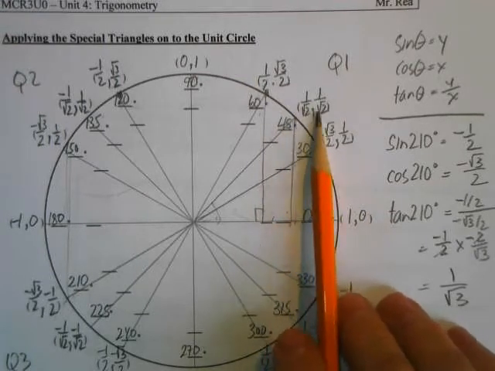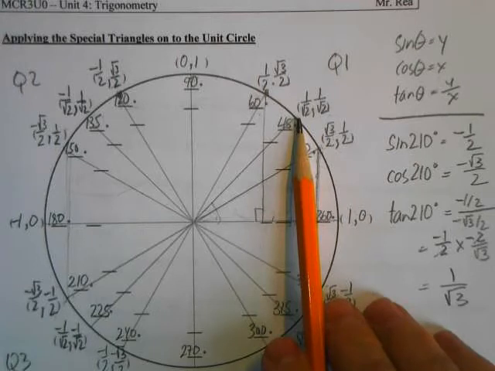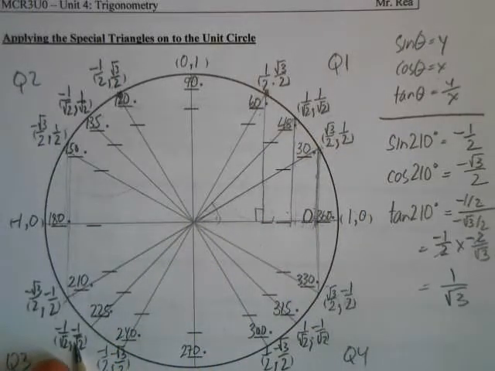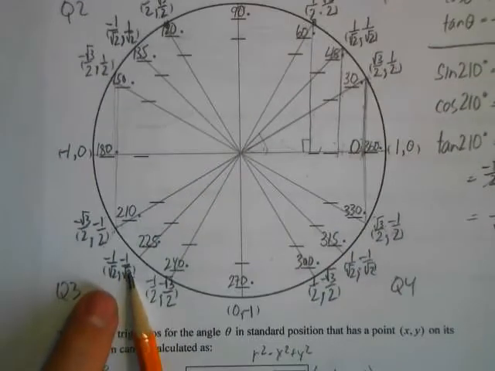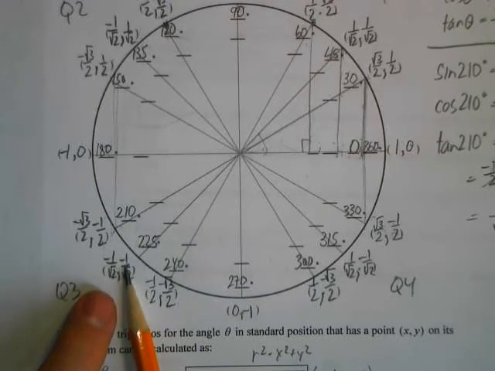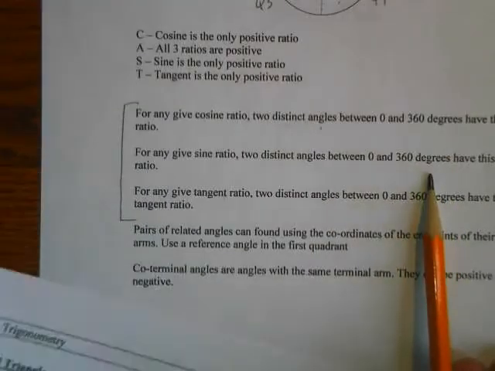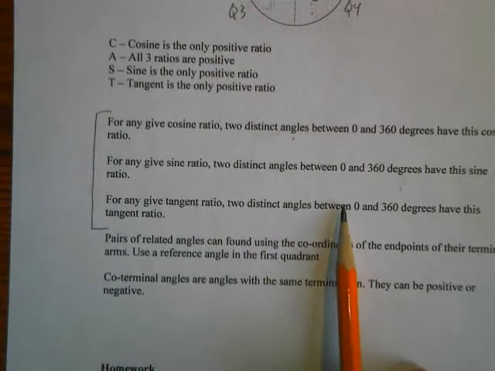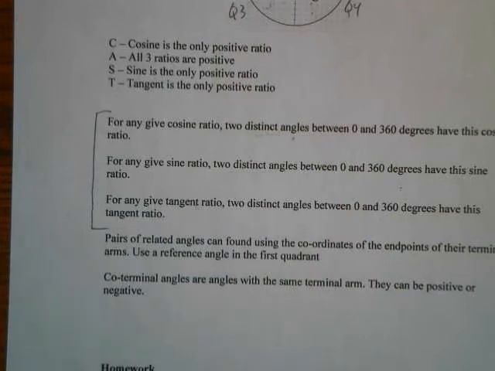So I can see that's going to happen here. 45 degrees has a tangent ratio of 1, and the other place that will have it will be directly across the circle at 225, because those two values are -1 over root 2 each. If I divide those, I get 1. So the matching angle that has the same tangent ratio will be exactly 180 degrees across the circle.